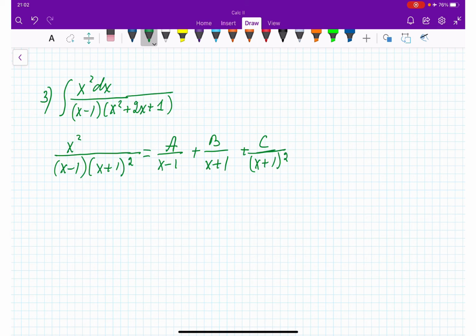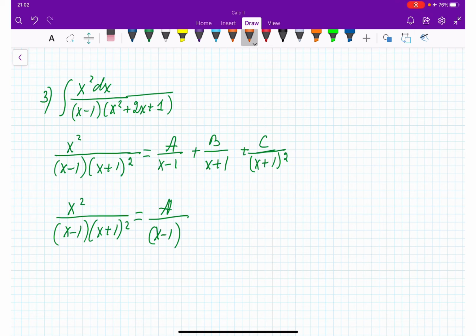Okay. So we have x squared over x minus 1 and x plus 1 squared. This is equal to, bringing to common denominator, a common denominator is going to be what? X minus 1 and x plus 1 squared. Since here we have x minus 1, I need to multiply by x plus 1 squared, right?